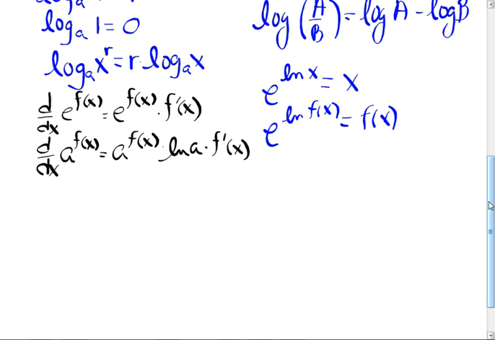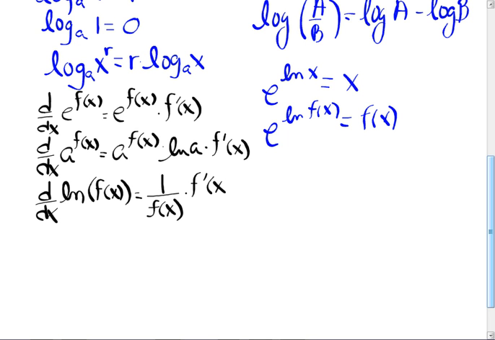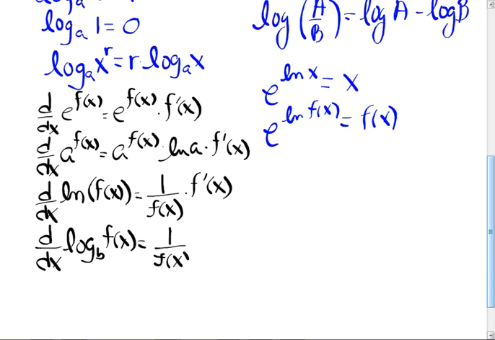The derivative of the natural log of f of x is 1 over f of x times f prime of x. Almost forgot my chain rule. And the derivative of any base log is 1 over f of x times 1 over the natural log of whatever the base is, b, times the derivative. And that finishes up all of your derivatives that we have to know in this class.